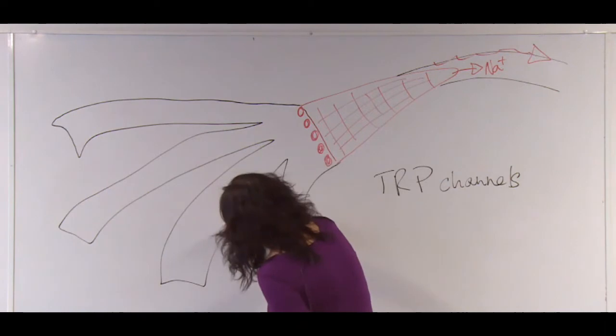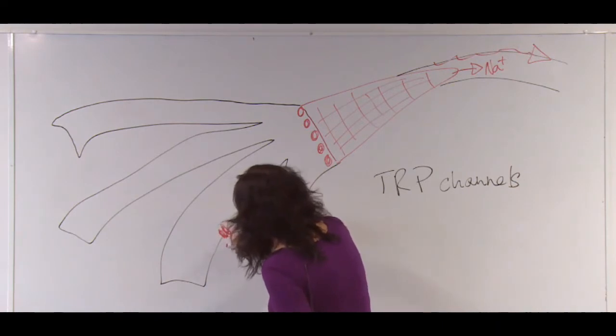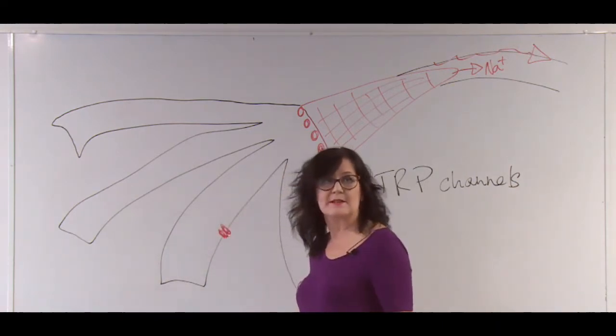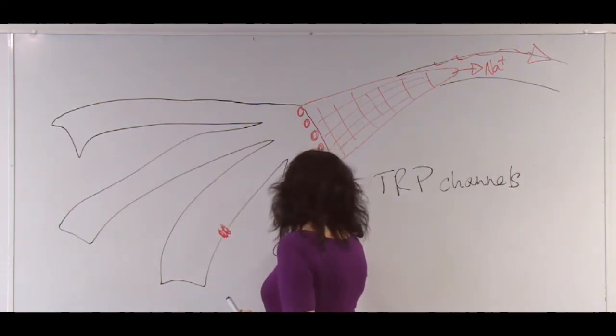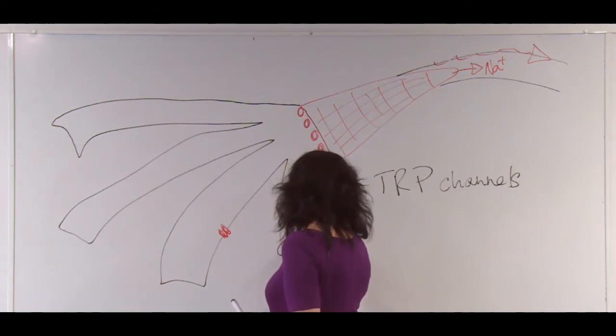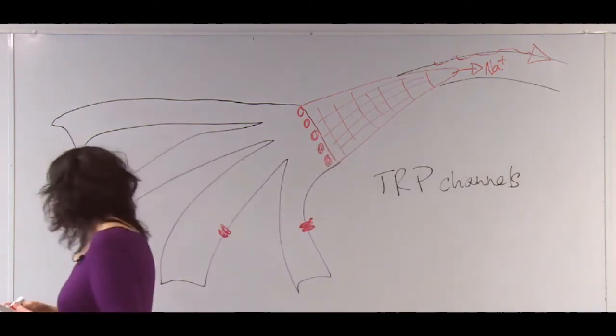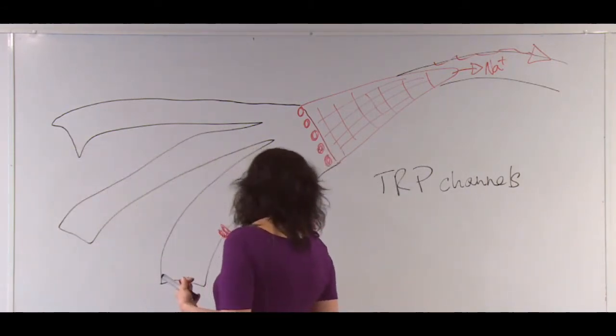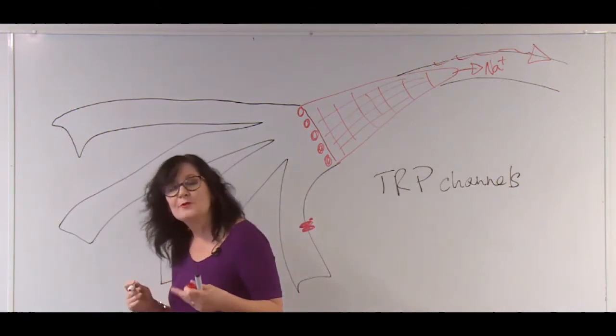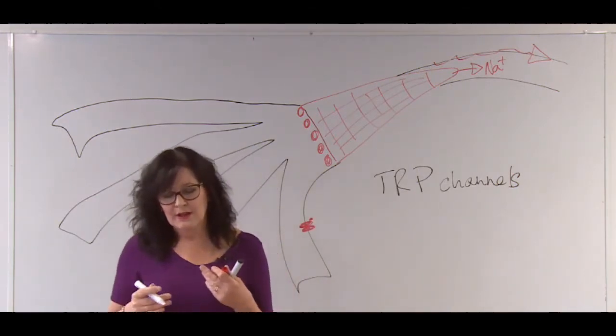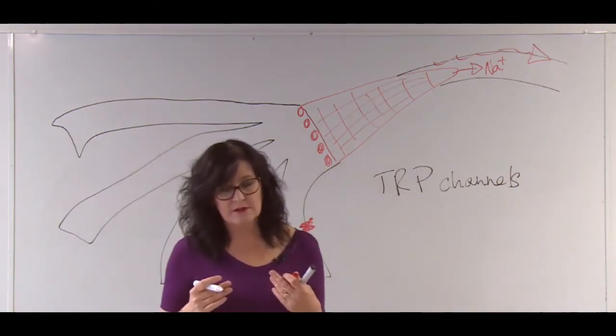So here's a little sodium channel, and we're going to put a little receptor on it because it's chemically sensitive. Here's another TRP channel, and it has a little voltage sensor because it's thermosensitive. Or we have them, if you remember, the mechanosensitive channels?